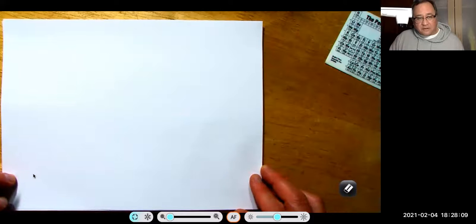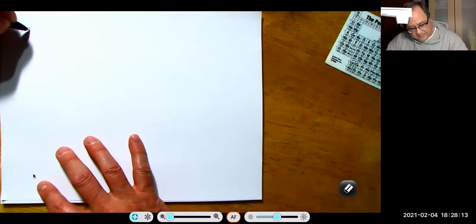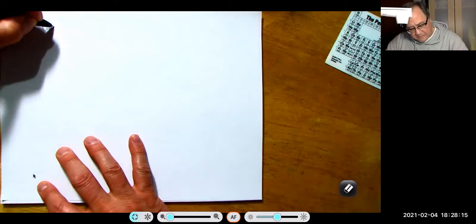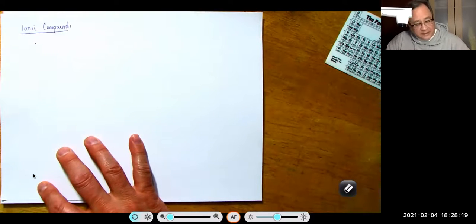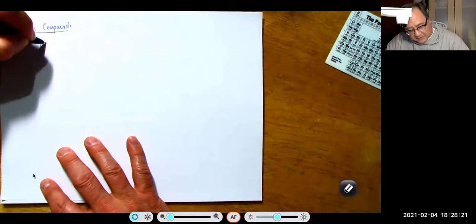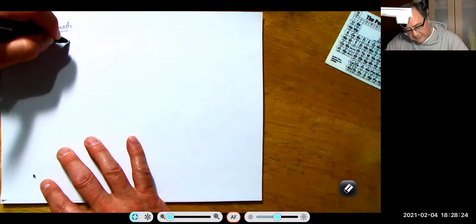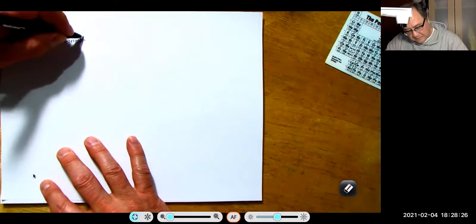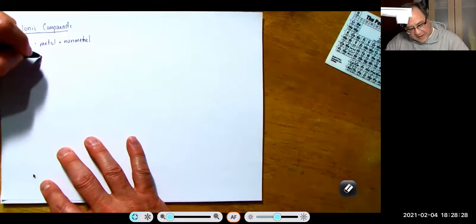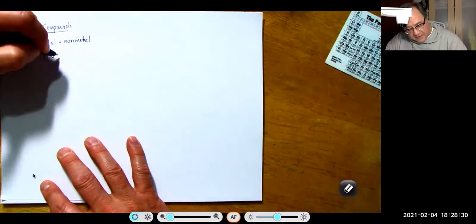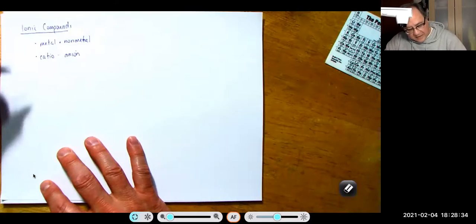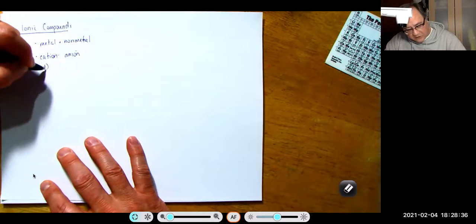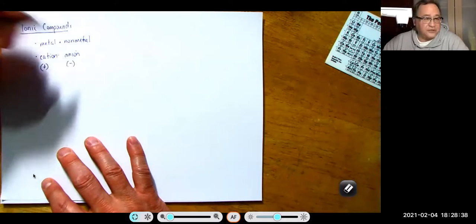So first of all, for ionic compounds, they tend to be a metal and a nonmetal. The metal is the cation, the nonmetal is the anion. The cation is something with a positive charge, the anion is something with a negative charge.